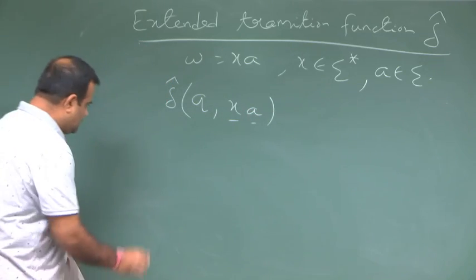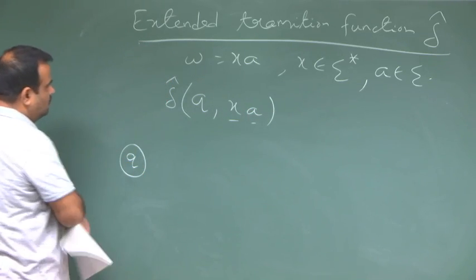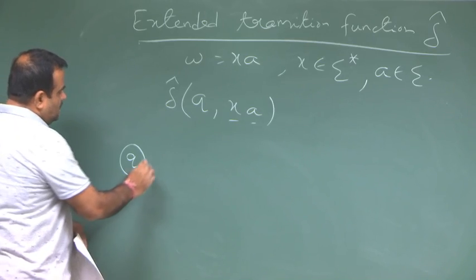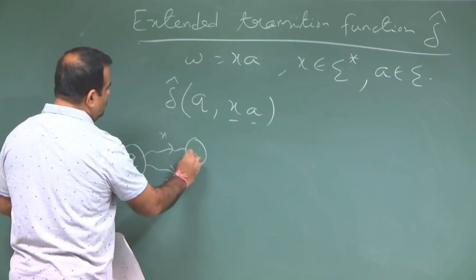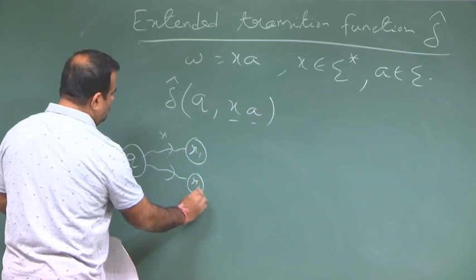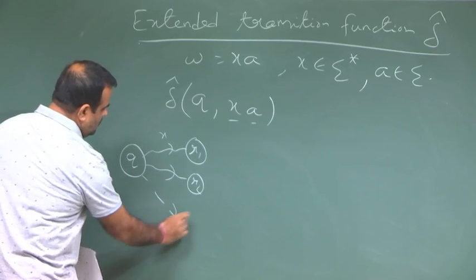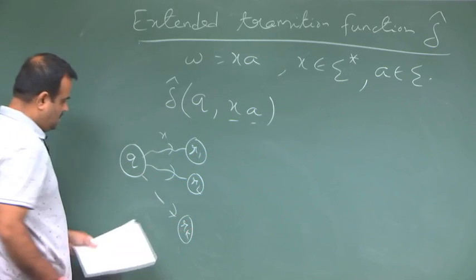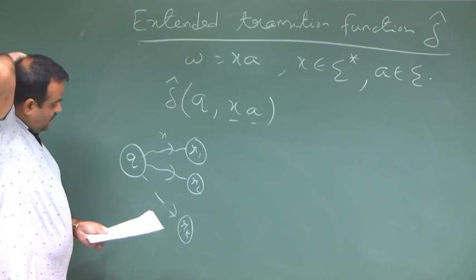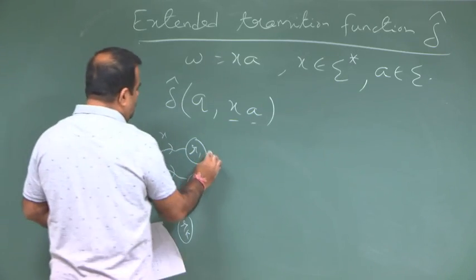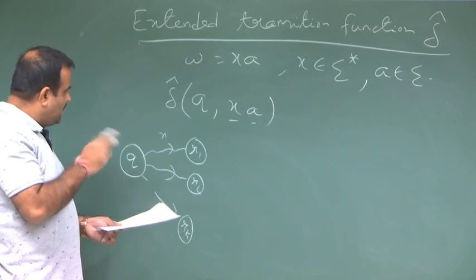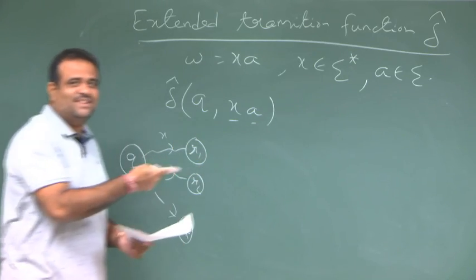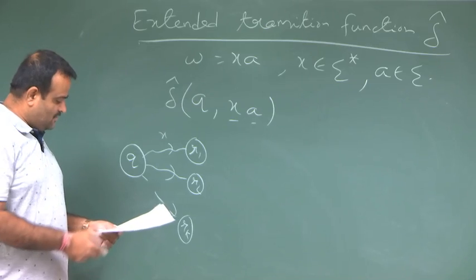The idea is we are at q. Now we read this x and we go to some states r1, r2, rk, say, or rl. Okay. Now from here we can have an epsilon, so we can have an epsilon before that and after that also.